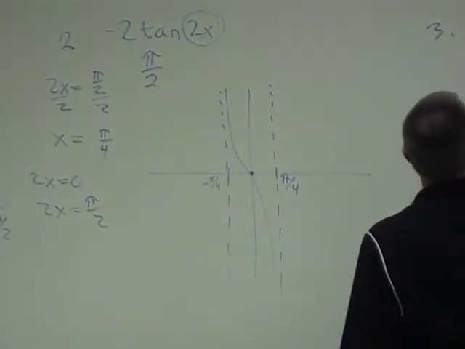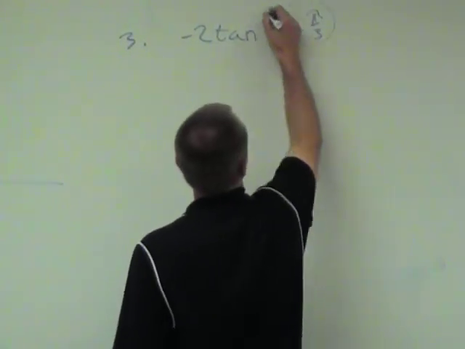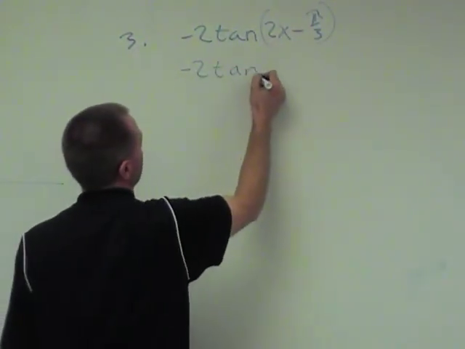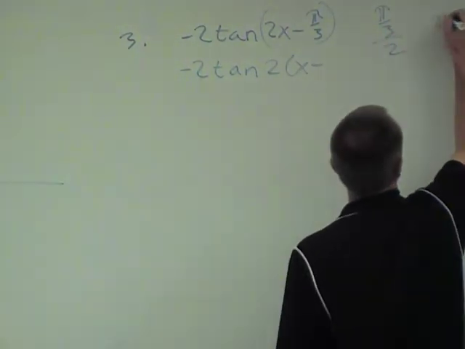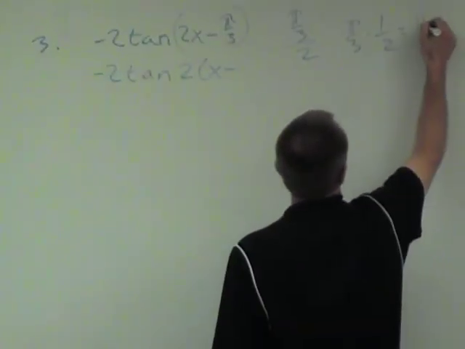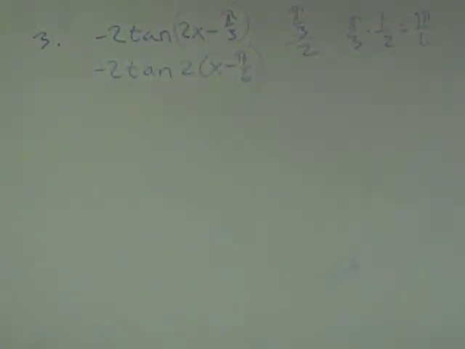Number 3. You gotta factor out the 2. We factor out the 2, we divide. Pi over 3 divided by 2 is pi over 3 times 1/2, pi over 6. So I'm going to shift everything by pi over 6. I'm gonna take each of these x values and add pi over 6. What is negative pi over 4 plus pi over 6, fourth grade fractions? And 6th and 7th grade negatives.